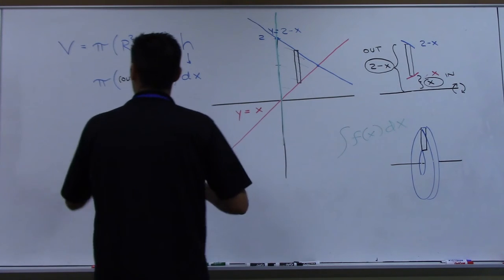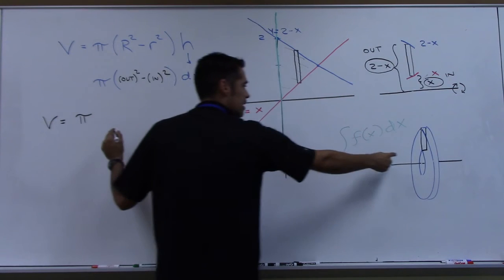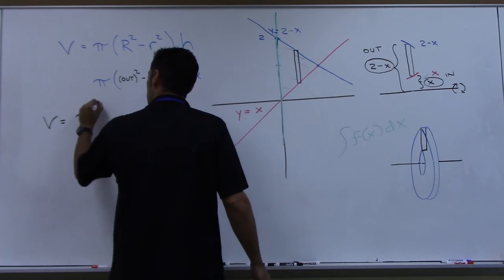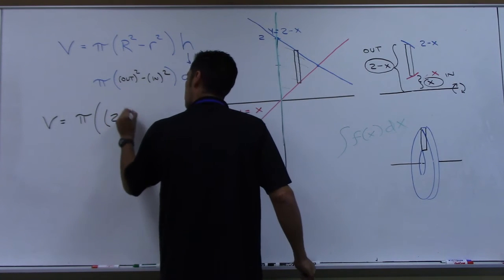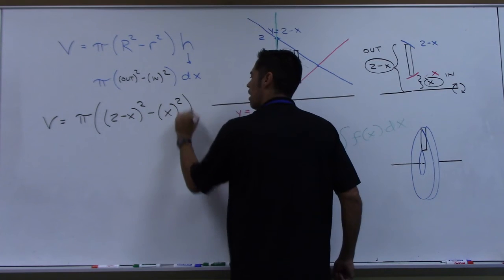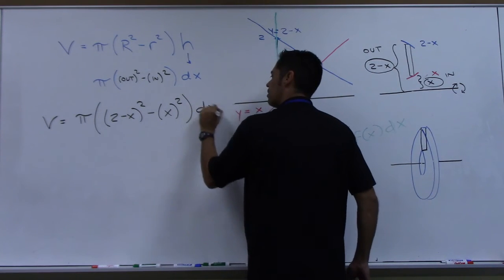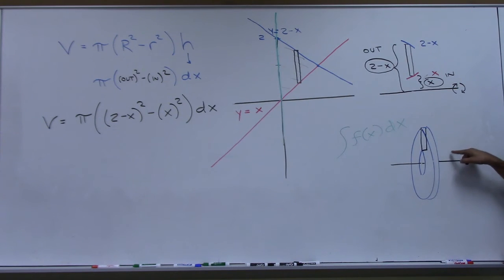So let's plug this in. The volume of that little slice right here will be pi times, what is the out? 2 minus x squared, minus the inner, which is x squared, dx. That is the volume of this little slice, isn't it? So what do I want to do now?